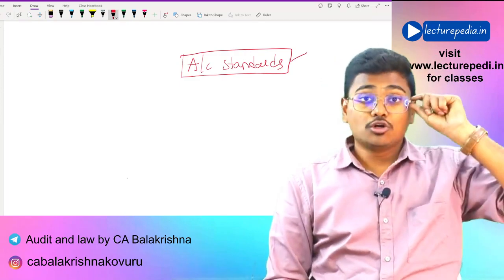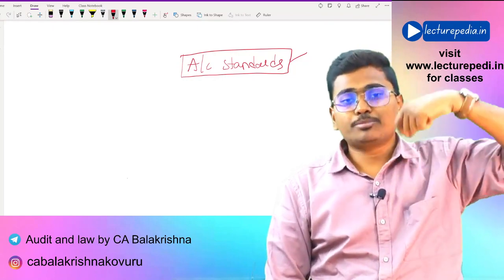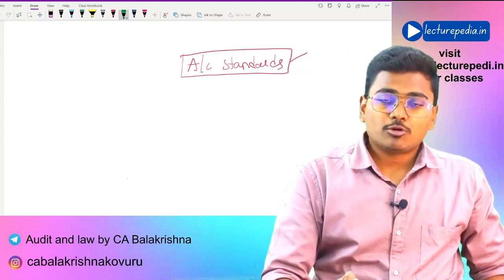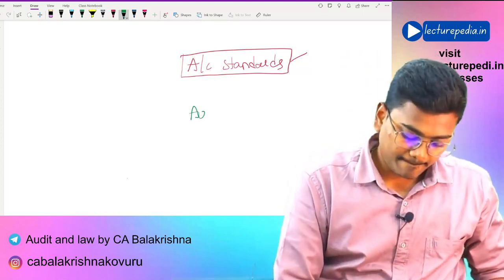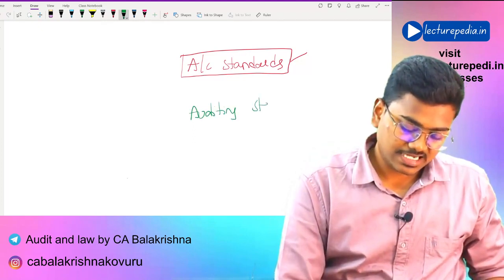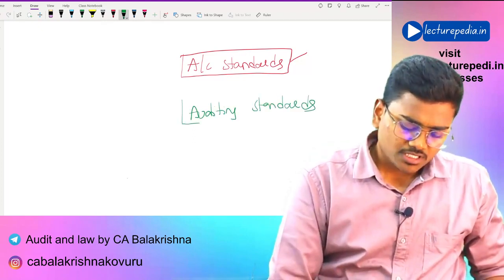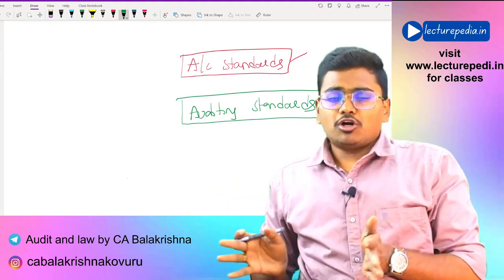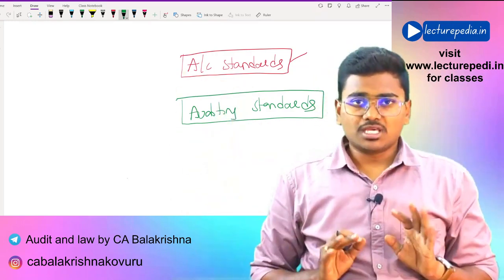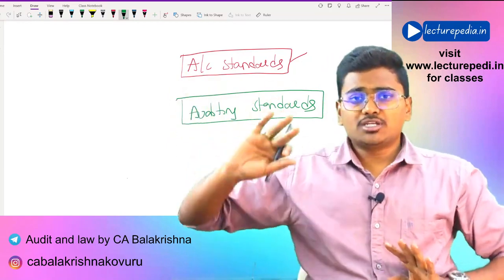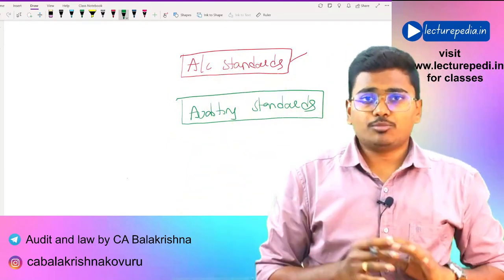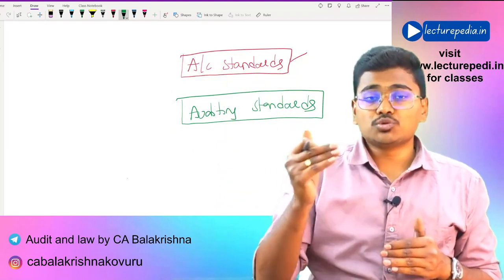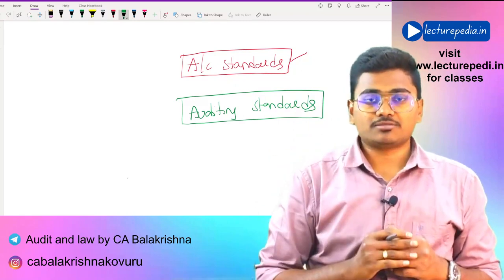In the same way, to audit the financial statements that have been prepared by the management, auditing standards have been prescribed for the auditors. If each auditor performs the audit in a different manner, every auditor follows unique procedures, there is no particular standard, every auditor gives a different type of audit report, different format of audit report, then it becomes difficult for the users of the financial statements to understand the audit.